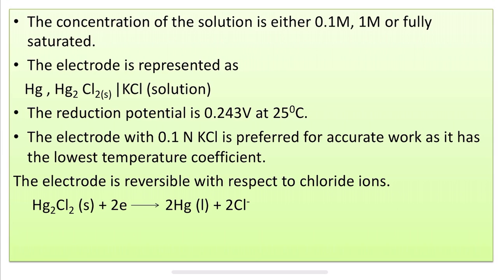So this results in an increase in the concentration of chloride ions. The electrode reaction as a reduction electrode may be represented as Hg2Cl2 + 2e⁻ gives rise to 2Hg + 2Cl⁻ chloride ions. The electrode is therefore reversible with respect to chloride ions.